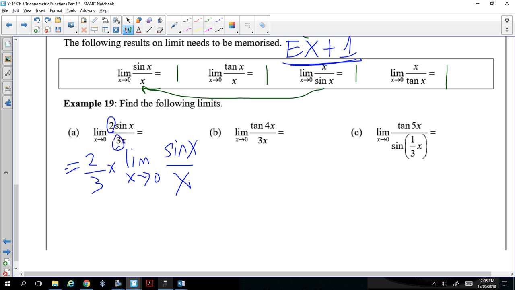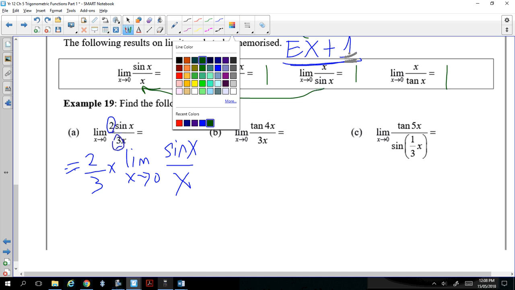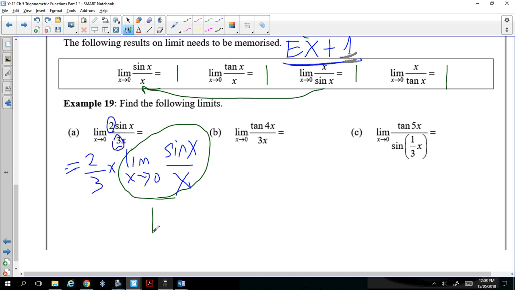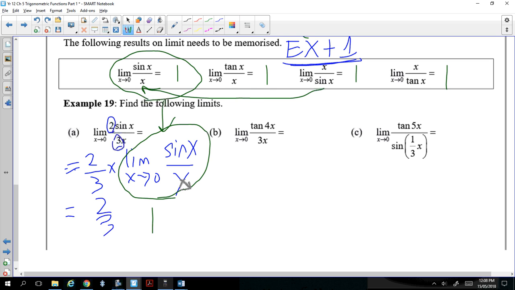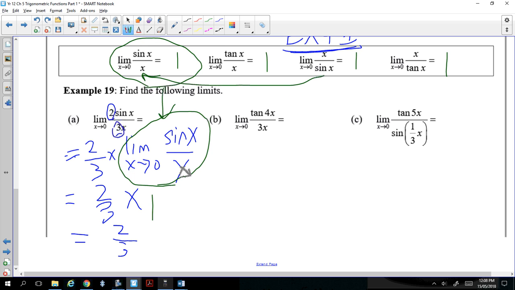Now what does this become? This becomes 1. We use this result. So it equals 2 over 3 times 1. So the answer is 2 over 3.